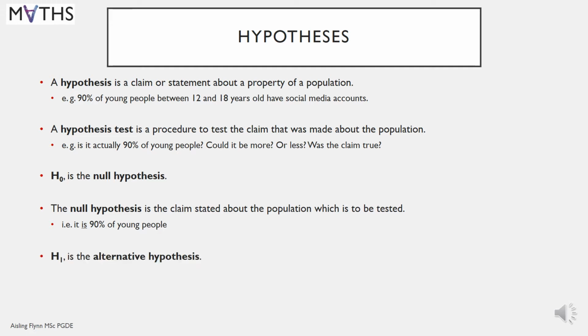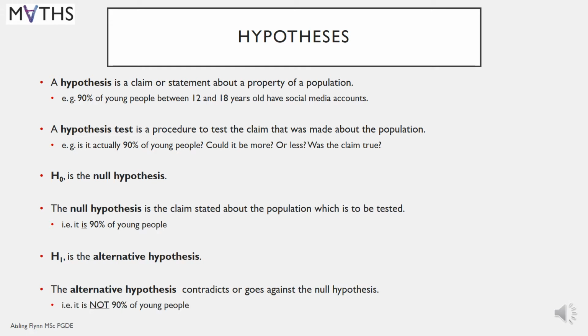And H1 is the alternative hypothesis. Alternative means the opposite or the different hypothesis, and the alternative hypothesis contradicts or goes against the null hypothesis. And it says that it is not 90% of young people. So maybe it's more, maybe it's less, but it's not 90.